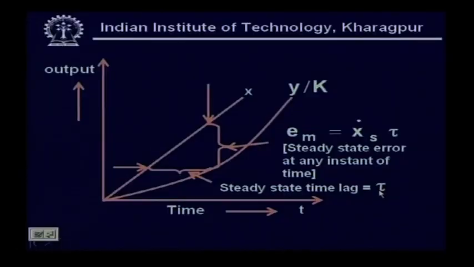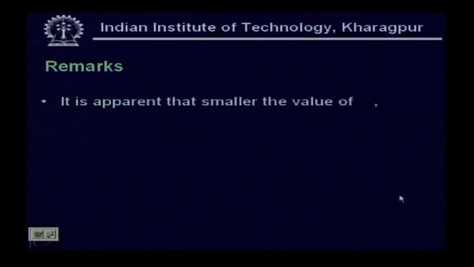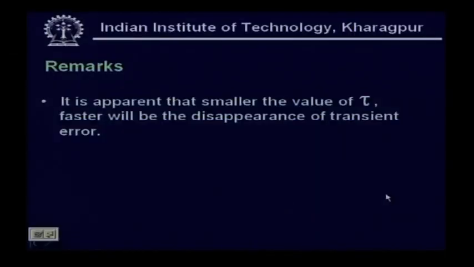And interestingly, you see the steady state time lag is always tau. So, it means that the steady state error at any instant of time is x s dot into tau and the steady state time lag is tau. So, what are the remarks for a system with a step input? It is apparent that the smaller the value of tau, the faster will be the disappearance of the transient error.